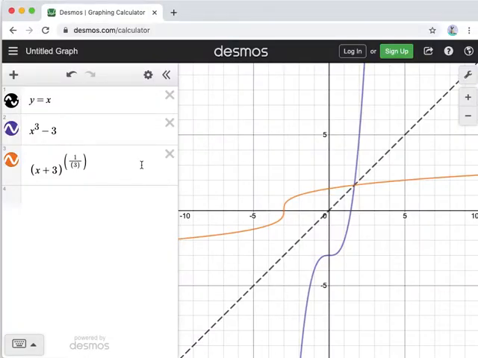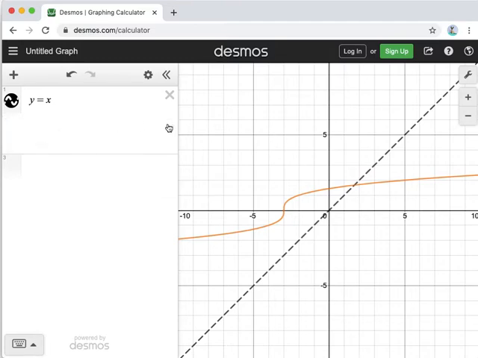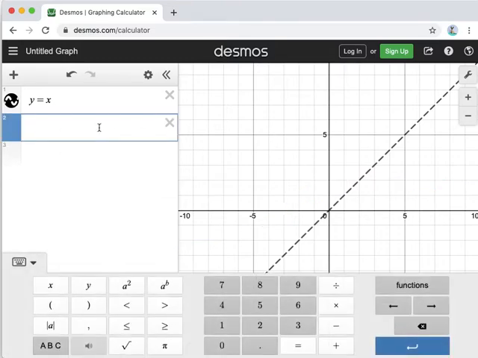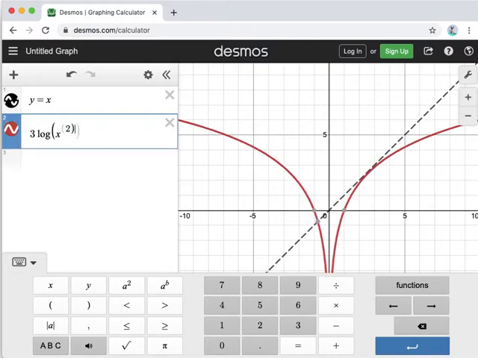So let's take a look at the graphs and see what they bring up. Our original function is 3 times the log of x squared. So we have this piece here. Now the only part that we're going to focus on is going to be the right hand side.